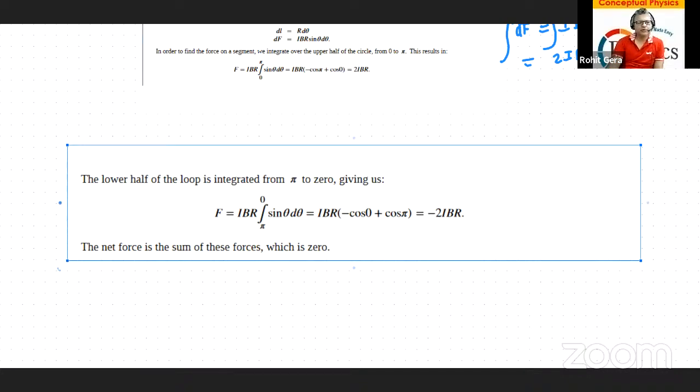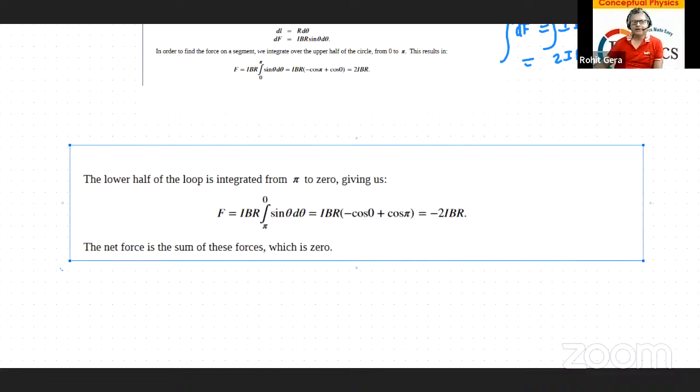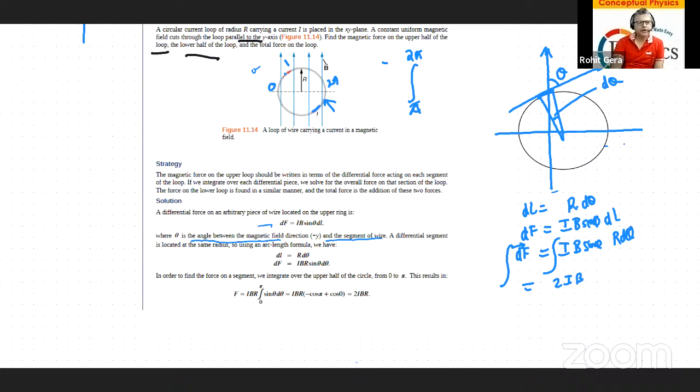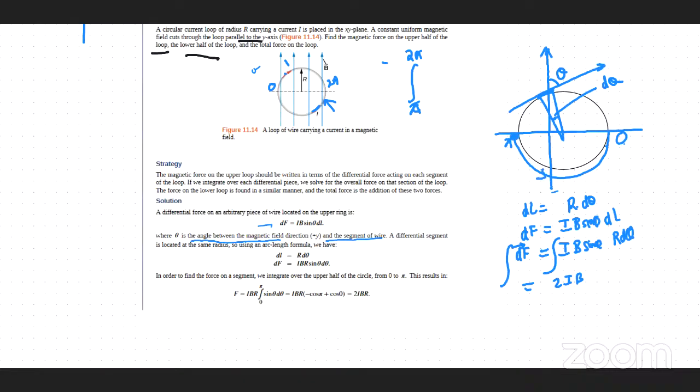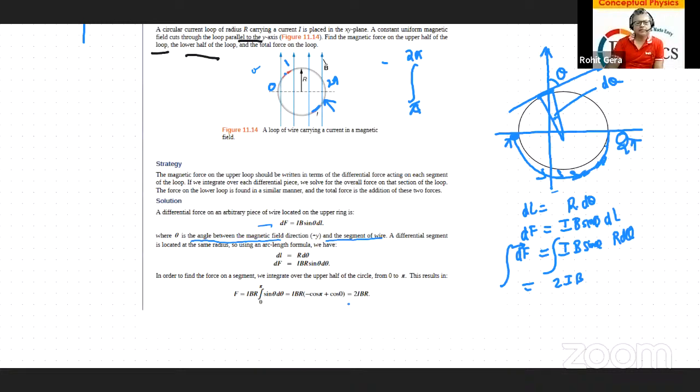He has done pi to 0, reverse, which means he has taken this semicircle from here. This is pi, this is 0. So he has integrated on the negative side. I was integrating from pi to 2 pi in this direction. One and the same thing. He gets an answer of minus 2IBR.